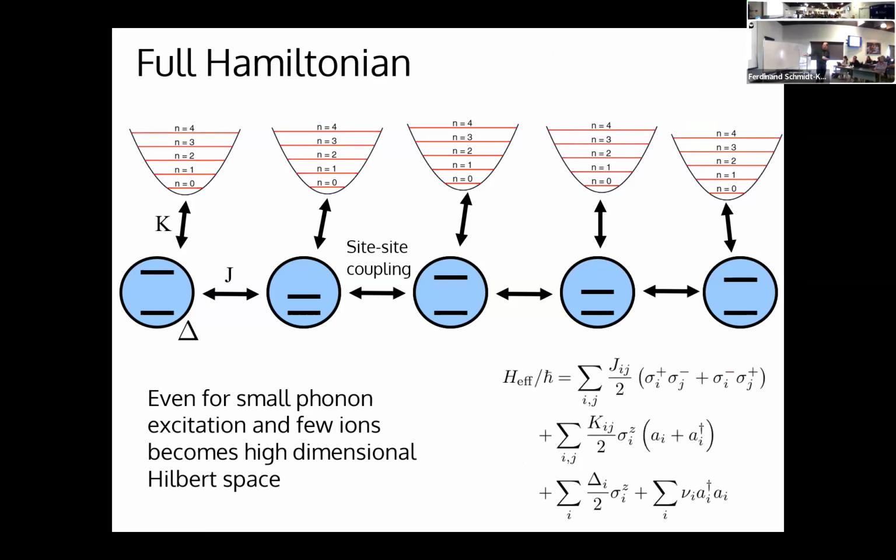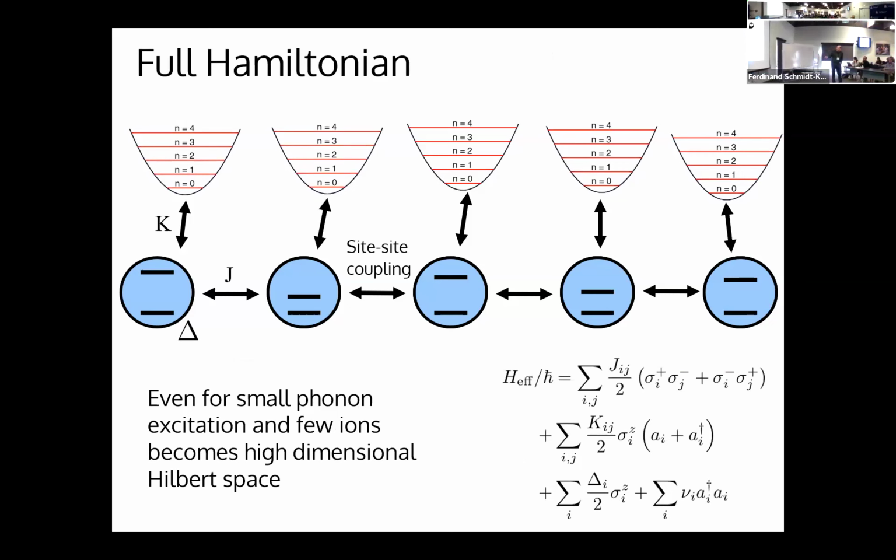And here, more mathematics. If you try to cast it in a Hamiltonian, you have to think of this hopping. This is the hopping between two sites, this hopping J, so that the excitation goes to the next site.